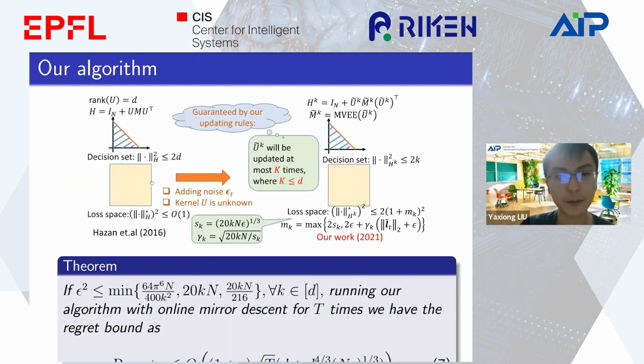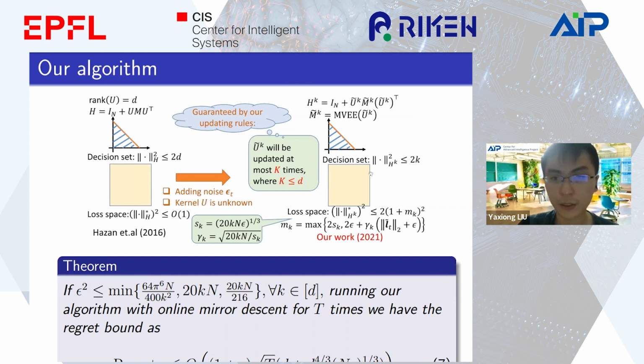Compared with the previous work, we can make sure that, through our selection criteria, the algorithm will only update the approximate kernel at most capital K times, which we can guarantee is smaller than the true rank of the loss vectors.